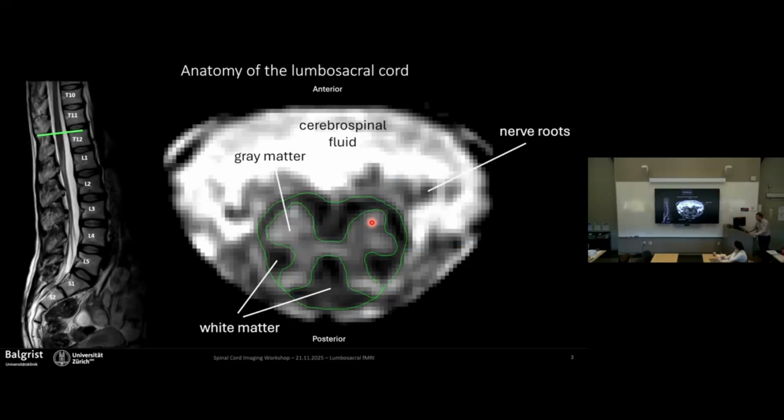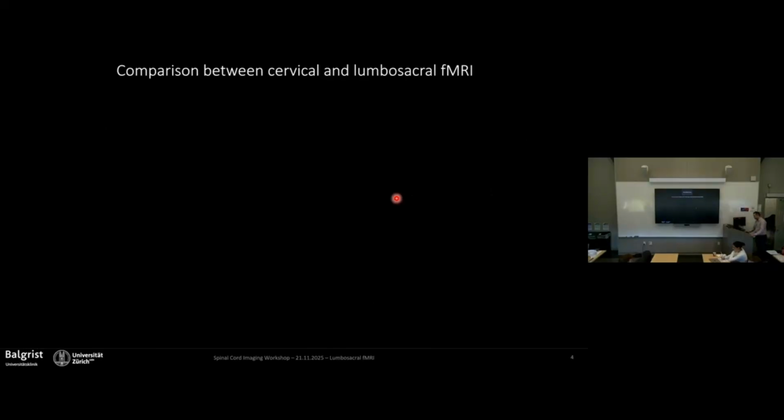What you also notice is that the delineation of the spinal cord is sometimes difficult in the lumbosacral region because the nerve rootlets go parallel to it and they have similar contrast. So sometimes it's not easy to tell the boundary between the spinal cord and nerve rootlets. And the gray matter is often divided into 3 parts: ventral, intermediate, and dorsal horn.